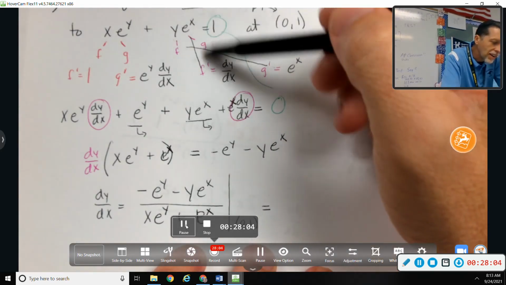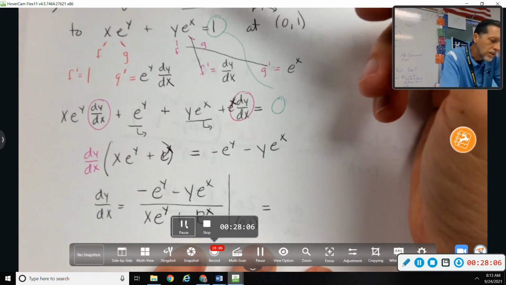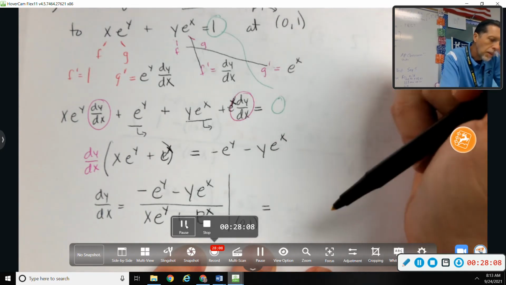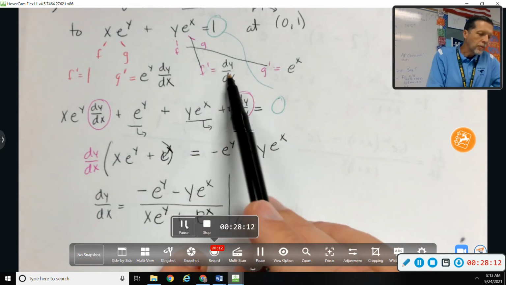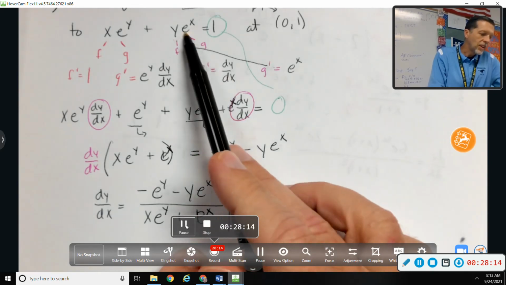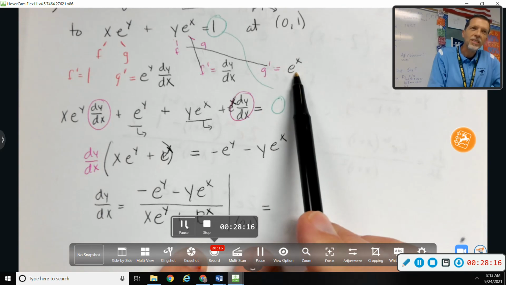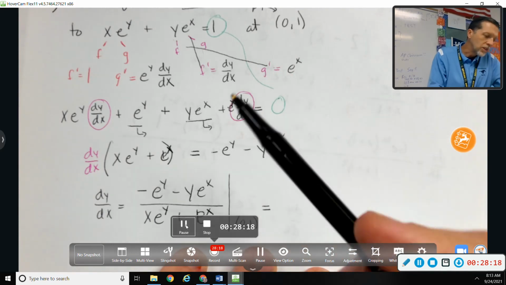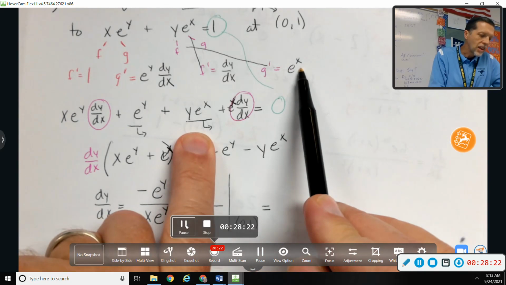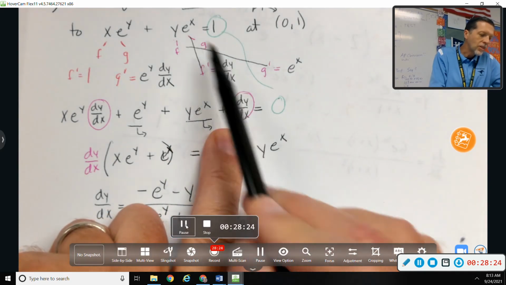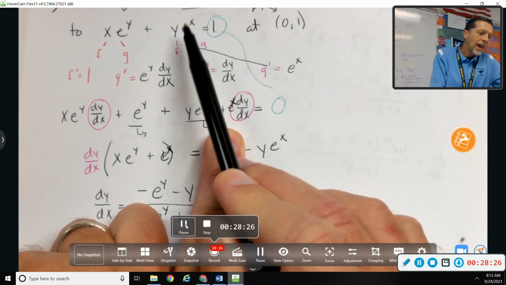Yeah, I messed up the product rule. Wait, can you explain that? So f is y, f prime is dy/dx. g is e to the x, g prime is e to the x. Product rule is first one times derivative of the second one plus second one times derivative of the first one. Oh. I left off the second one part. Yeah.